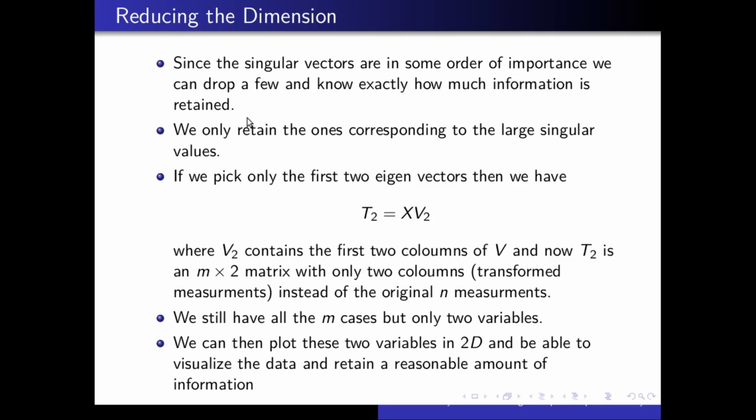This shall be illustrated in the analysis. The number of cases will not change. We still have a total of m cases as in the initial dataset, but we will only have two variables and still retain a reasonable amount of information in the initial dataset, and eventually plot this in the two-dimensional space.